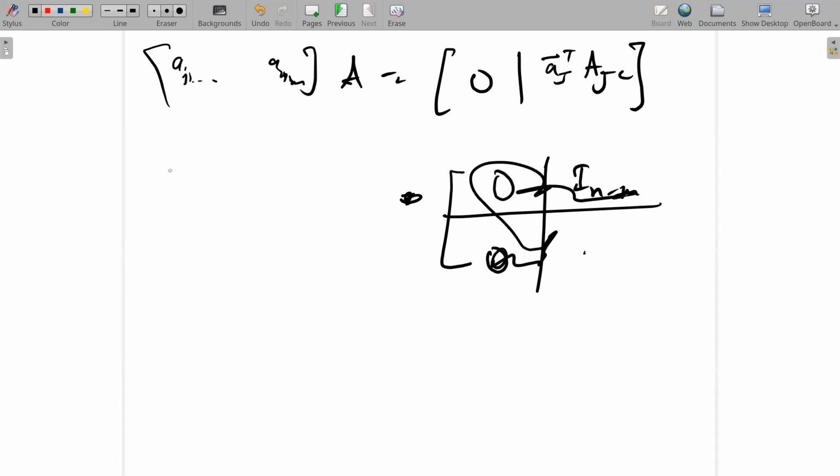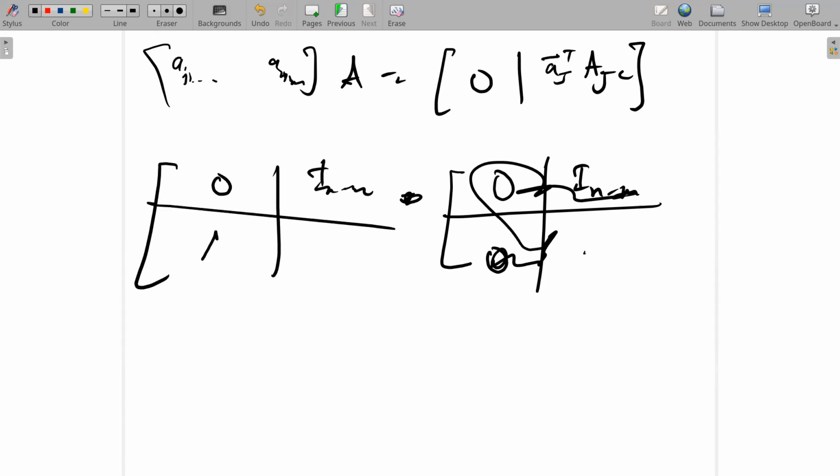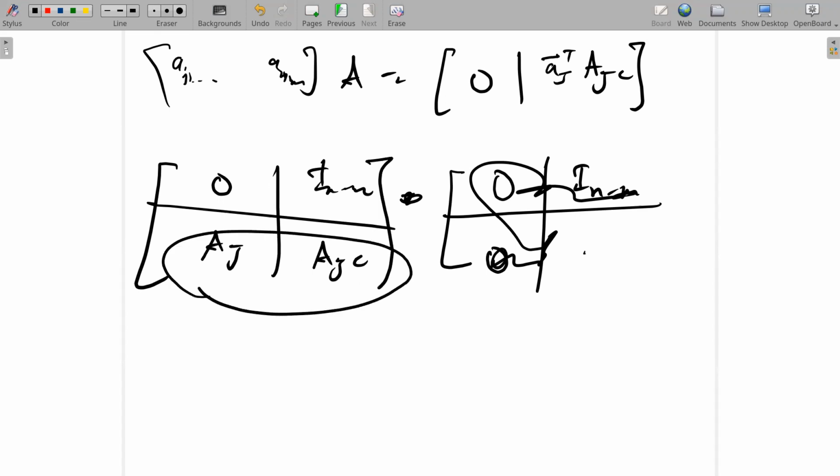So this is the matrix: 0, IN minus M, and AJ, AJ complement. This is just a representation of A. Note that I have shuffled the columns, so strictly speaking I have to be very careful with notation, but it's understood. Here also I have shuffled the columns and put them on one side.